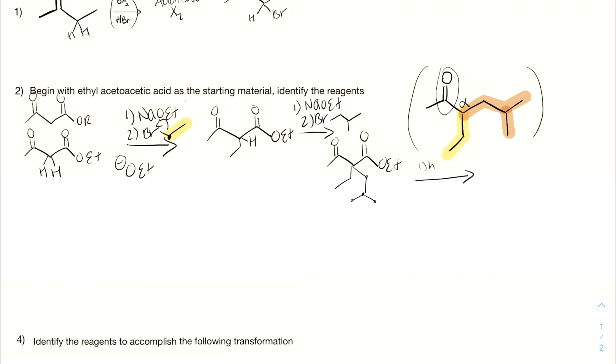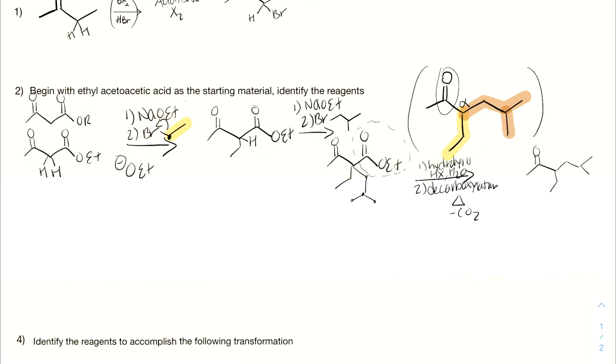And after that, you're going to do hydrolysis, which is basically an acid with water, and also decarboxylation, which is heat, and that removes a CO2. And with that, I get my product.